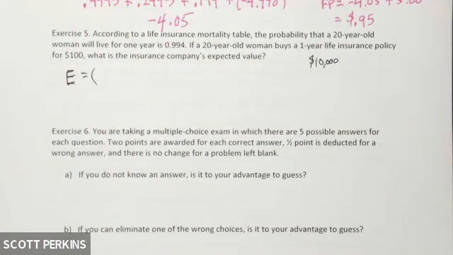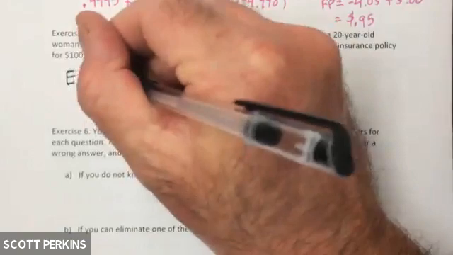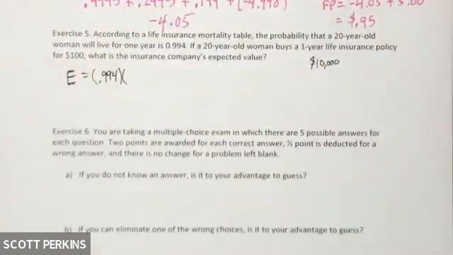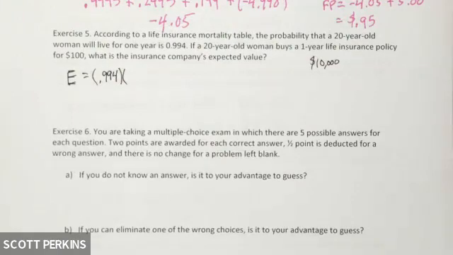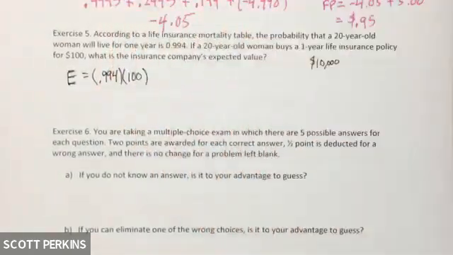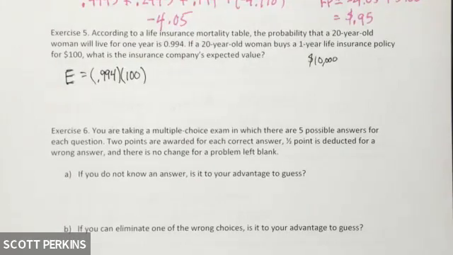But anyway, if you're the insurance company, what's the probability? Let's be optimists. We want this person to live through the year. What's the probability that this woman lives through the year? 0.994, almost a certainty. If you're the insurance company, what is your net result if she lives through the end of the year? You get $100, her premium, and you get to do whatever it is that you do with that $100.